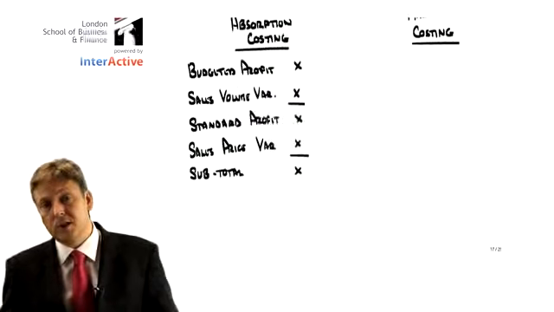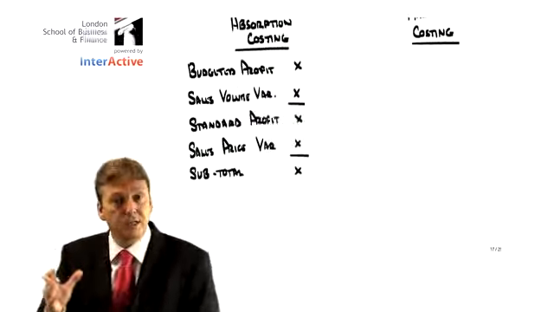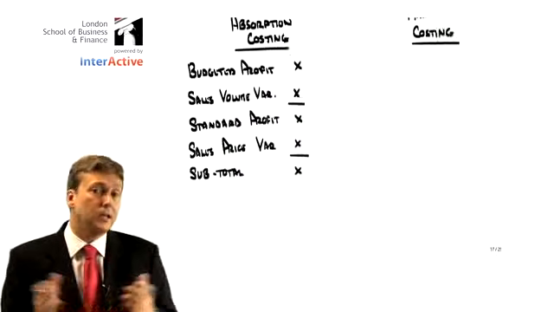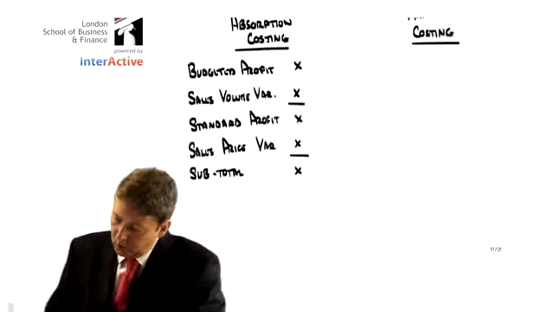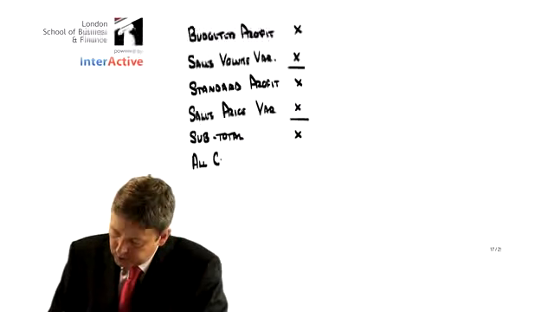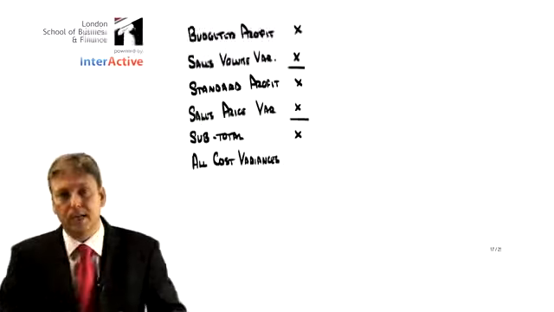What we're trying to do is to separate the sales variances arising in one part of the business from the cost variances that arise in another part of the business. Once we've got the subtotal, then we include all cost variances. And of course, what we would want to do here is to list them down.